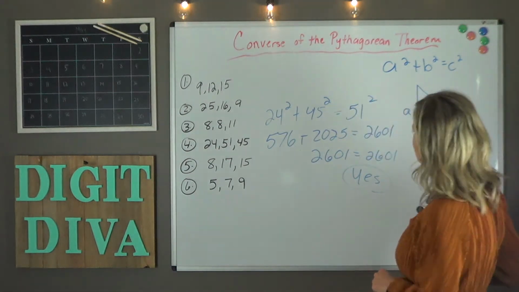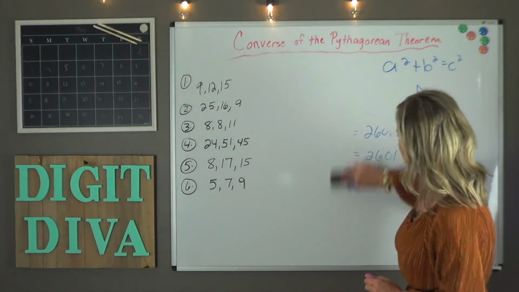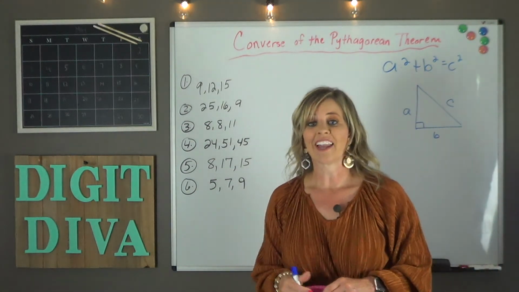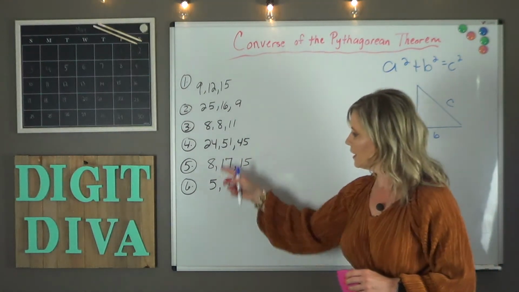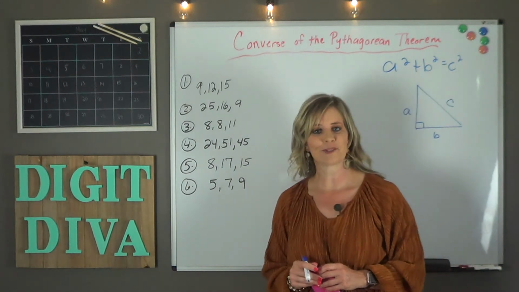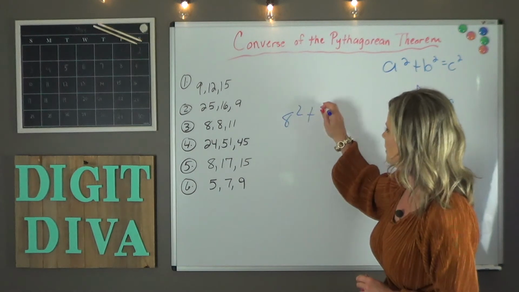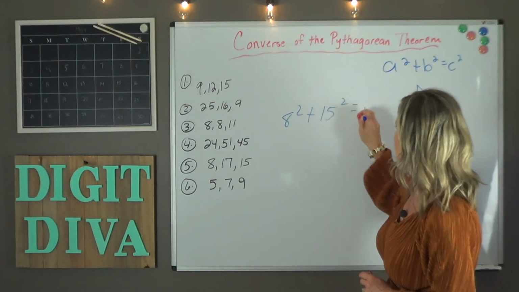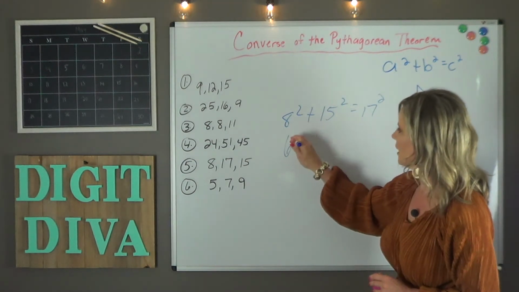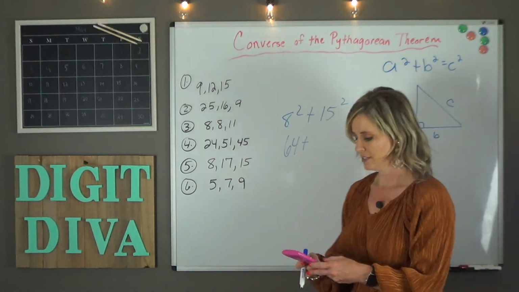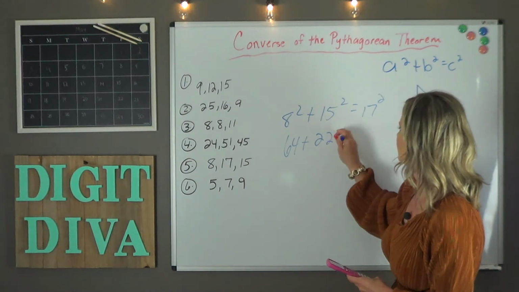Okay, so let's keep on going. We have 2 more examples. By now, I'm sure you know the routine, and I hope you're following along. But we'll go ahead and do the last 2, just for extra practice. 8, 17, 15. So we have 8 squared plus 15 squared is equal to 17 squared. Again, 8 times 8 is 64. 15 squared is 225.